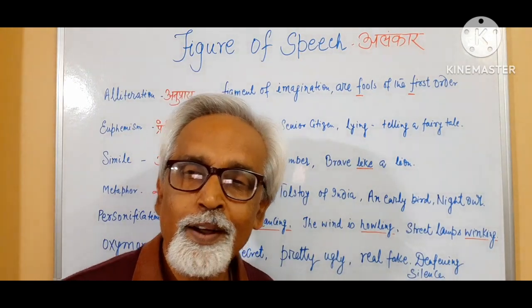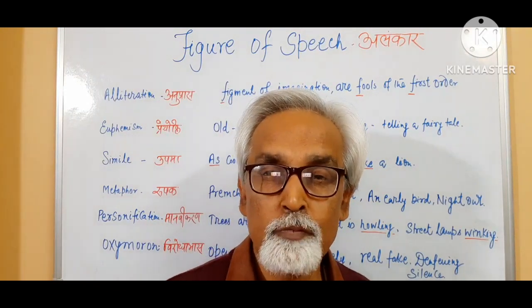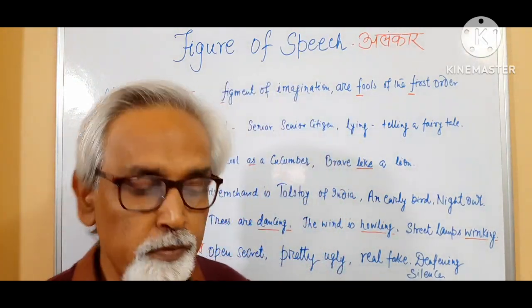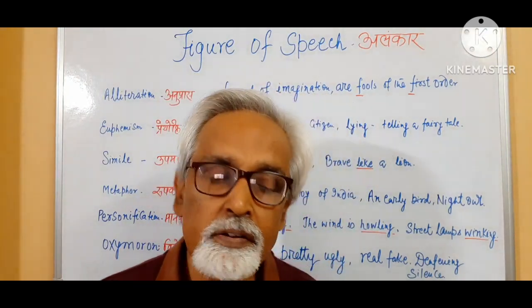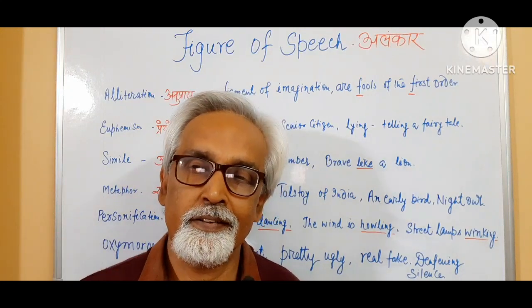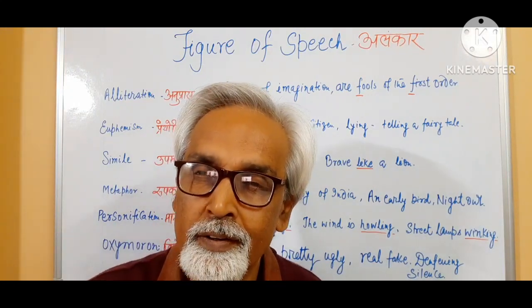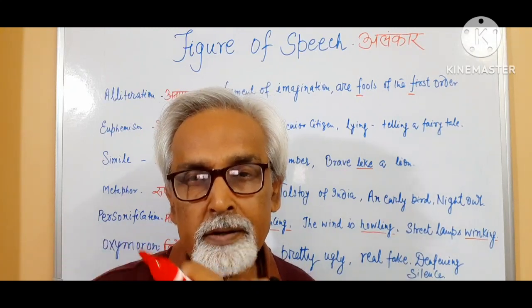And some amusing examples. If you are a movie buff, particularly a Hindi movie buff, you must have listened to songs. Chand si mehbooba ho meri, kab aisa maine socha tha. Chand si mehbooba. Comparison is being made between the moon and the beloved.